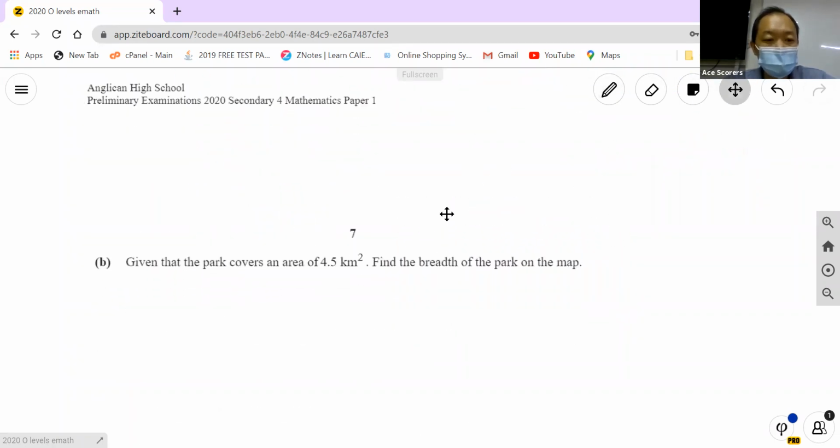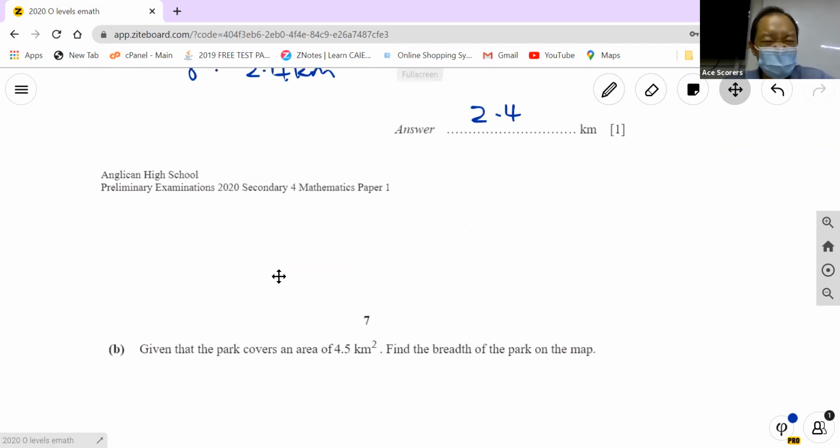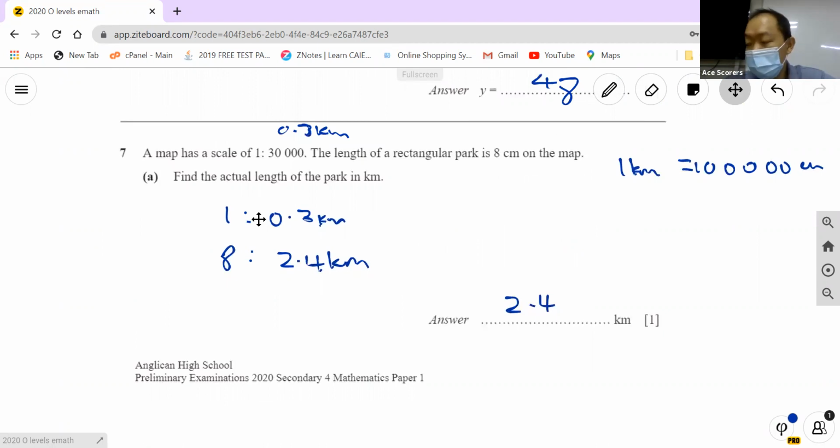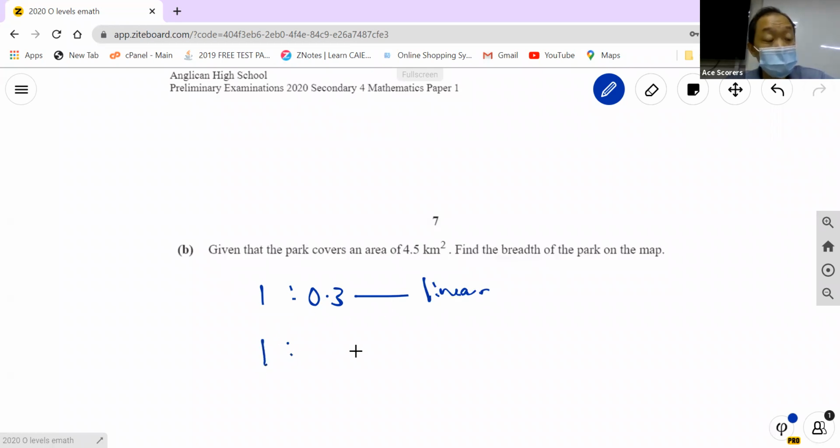Next. So now the area of the park is 4.5 km square. Find the breadth of the park on the map. Now I need to change this to area scale. So 1 is to 0.3 is the linear scale. And I need to change it to area. So it's 1 is to 0.3 times 0.3 is 0.09 km squared, right?